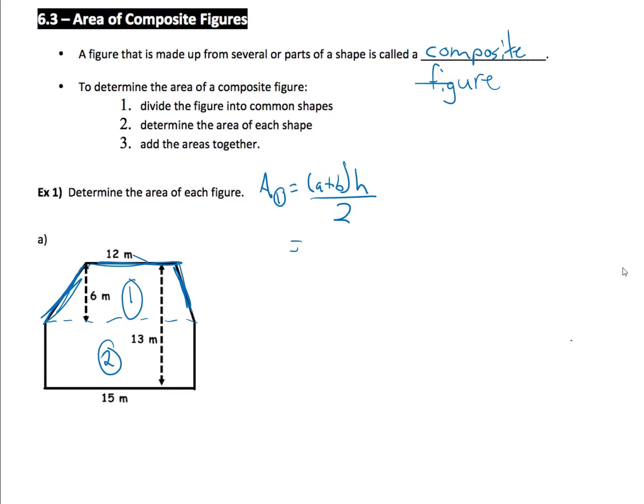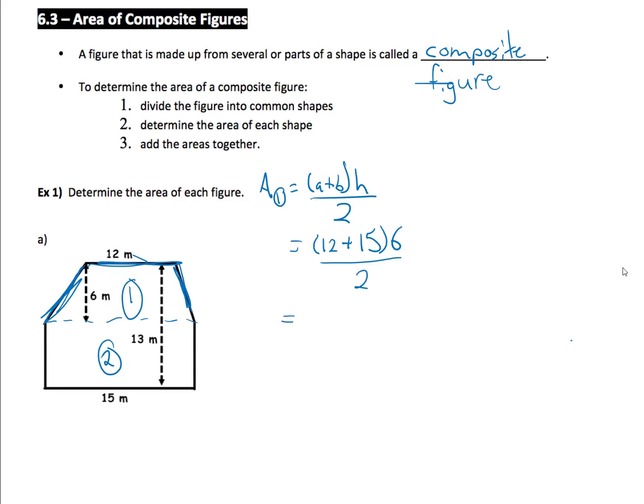We know the length of the top of the rhombus is 12, and that's found at the top there. And the length of the bottom of the rhombus is 15. And the height of our rhombus is just 6, all over 2.